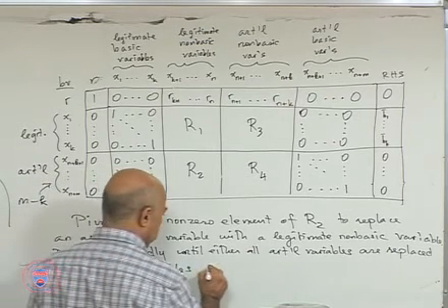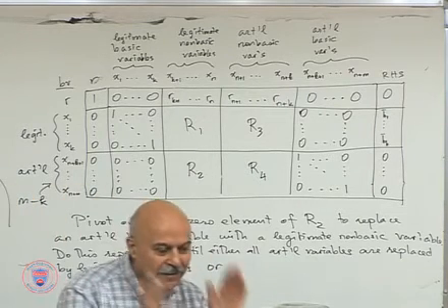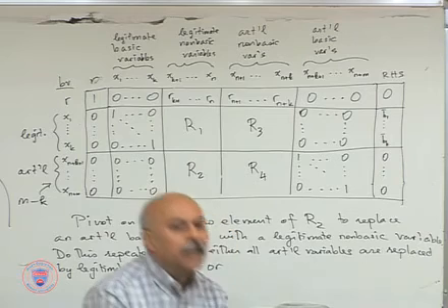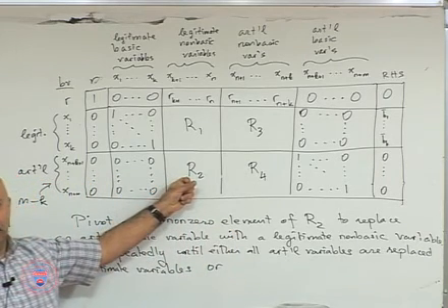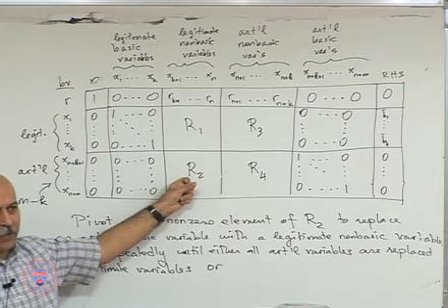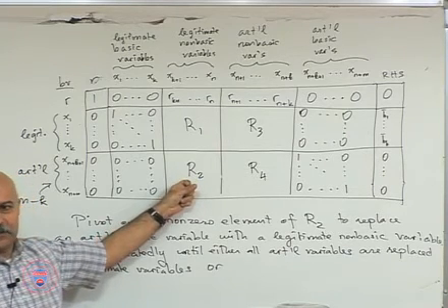Or, what is the or part? No possible non-zero increase. Exactly. Or the most recent version of R2, the one you obtained through these repetitions, has no non-zero entry in it.